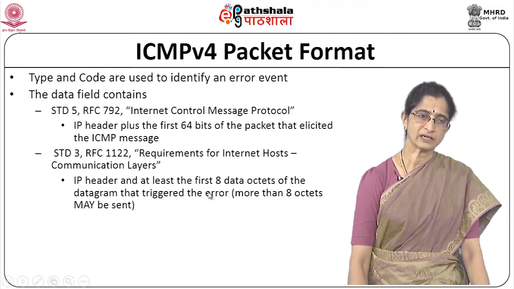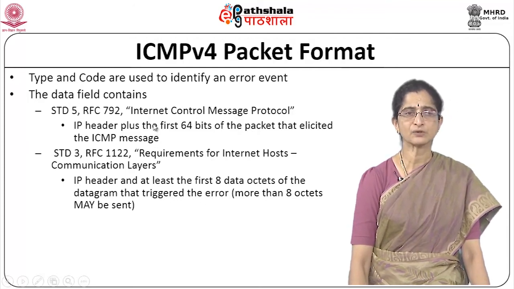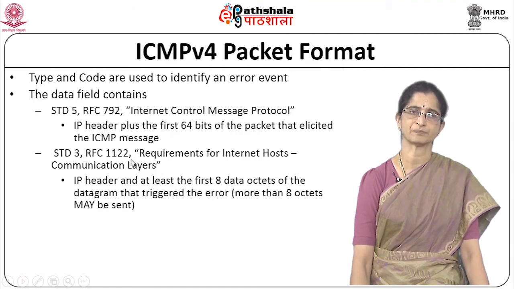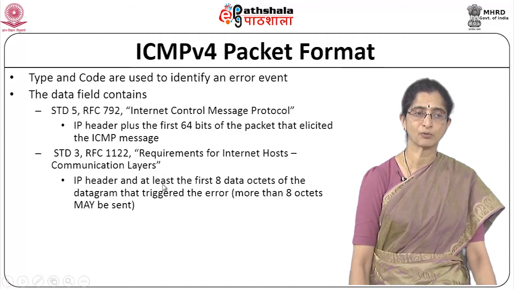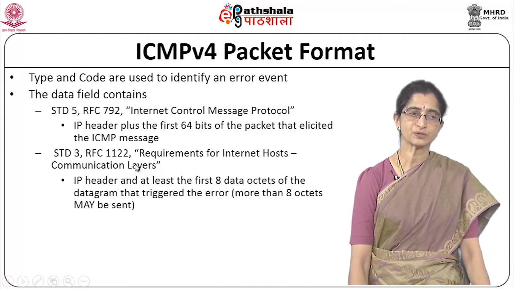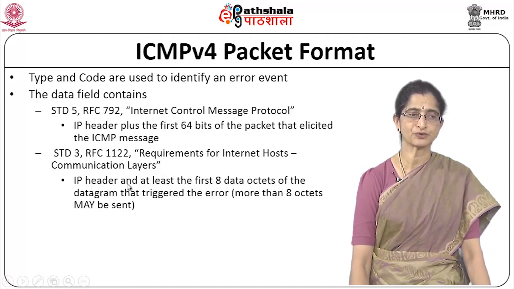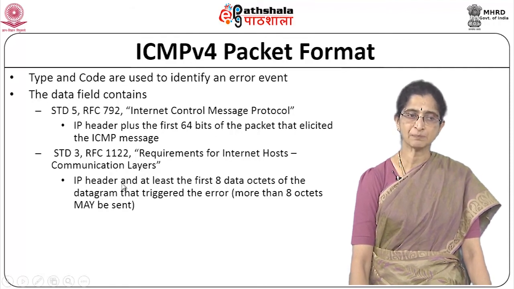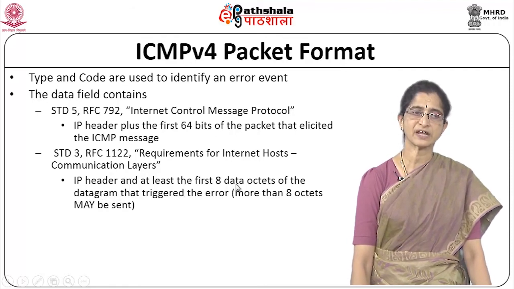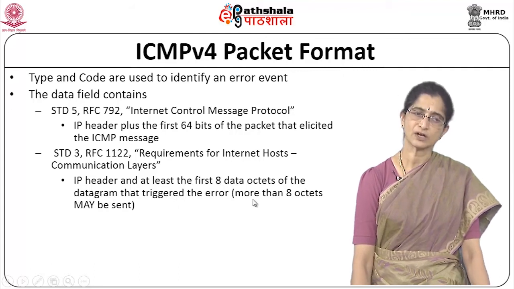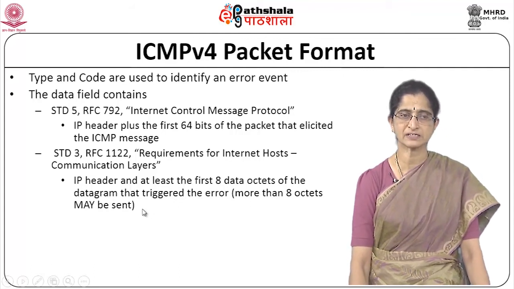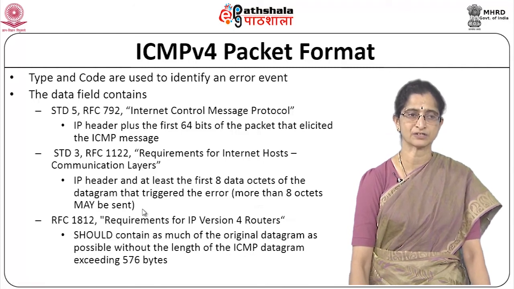These are things that have developed through various RFCs, and the standards have evolved to provide more and more information. RFC 1122 for instance specifies that the IP header and at least the first 8 data octets of the datagram that triggered the error could be sent. More than 8 octets may be sent, but it specifically says that 8 data octets should be sent.